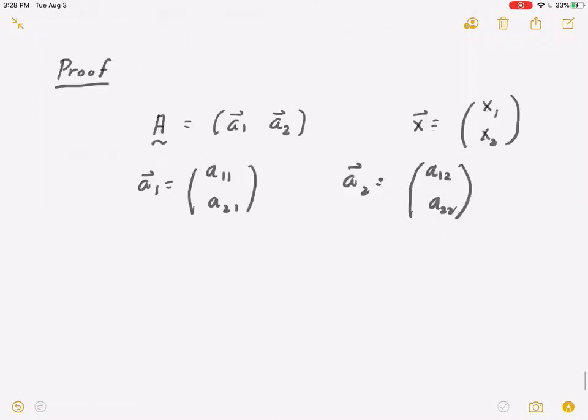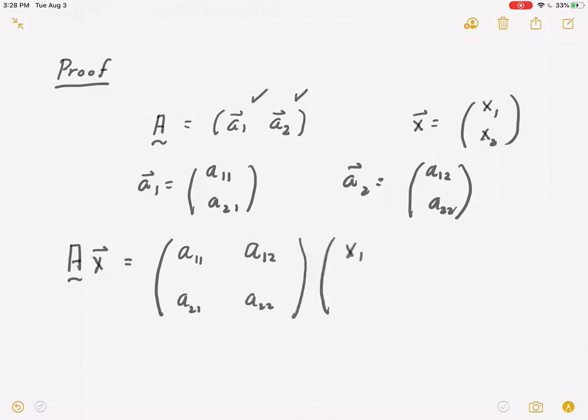So what do we mean when we say we take the matrix A and multiply it by X? Well, the first column of A is just A sub 1. The second column of A is just A sub 2. X is just a 2 by 1 matrix.